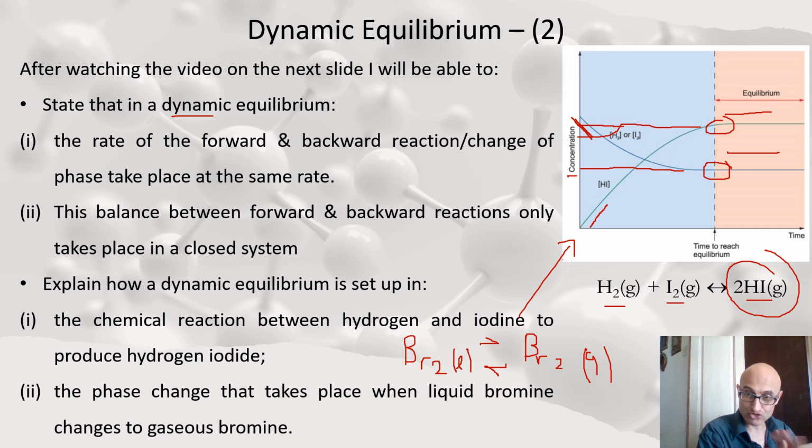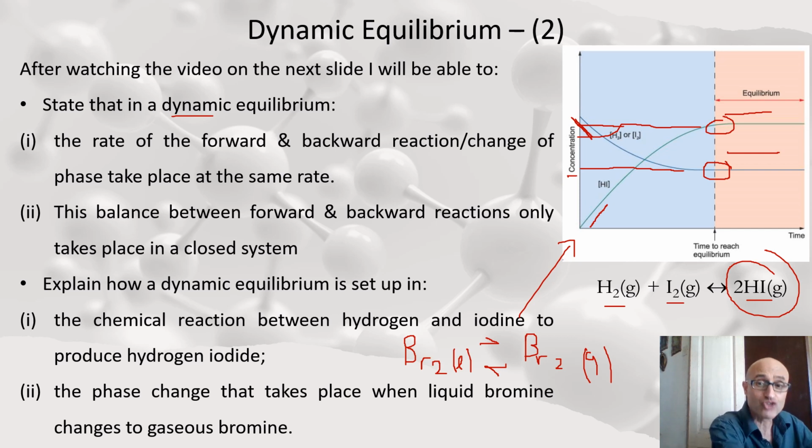It has not stopped, all right? Just because there is no observable increase in bromine gas or no observable decrease in bromine liquid does not mean that the change of phase has stopped. It is ongoing. It never stops.